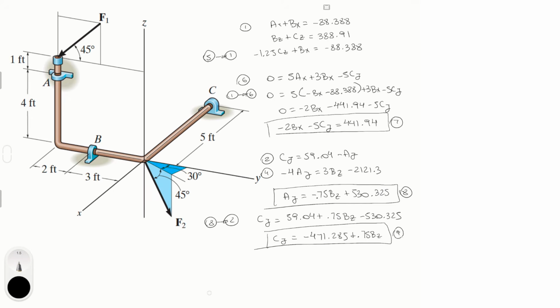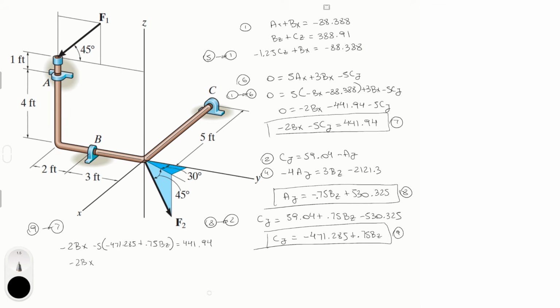No, I told you guys I needed 10 equations. I see that I have one more. So let me write that down here, minus 2bx. Okay, hold on. What I'm doing here is plugging in equation 9 into equation 7. So I get minus 2bx minus 5 times minus 471.285 plus 0.75 BC is equal to 441.94.